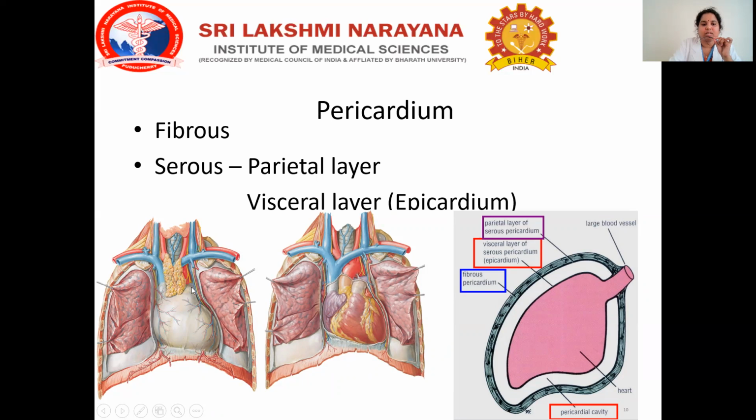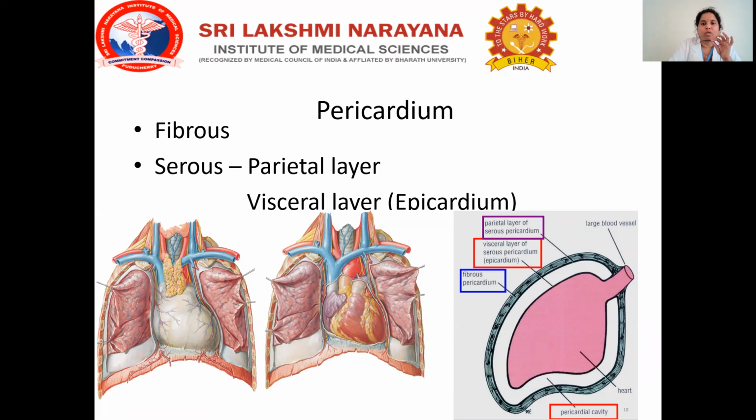Above, the sac is fused with the tunica adventitia of the great vessels that enter and exit the heart. Below, the sac is fused to the central tendon of the diaphragm. So the fibrous layer is like an open sac that encloses the entire heart.